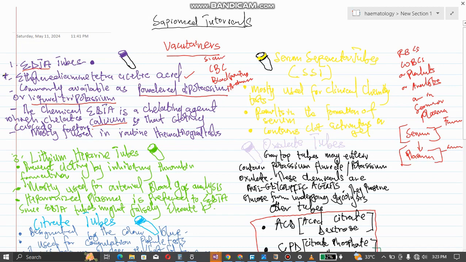Okay. So the serum separator tubes, or the chemistry tubes, are used for clinical chemistry tests like LFT. We have blood urea nitrogen. We also have creatinine, or we can have KFT, that is kidney function test. Okay. We can also have lipid profile.